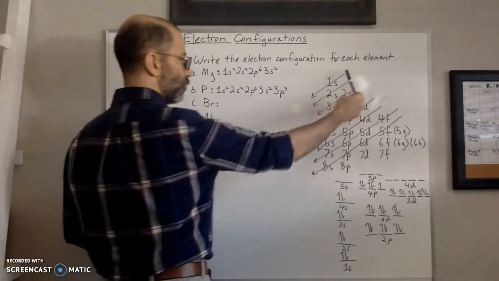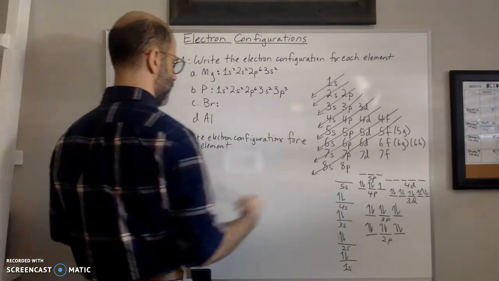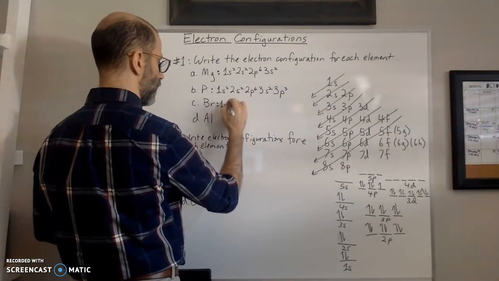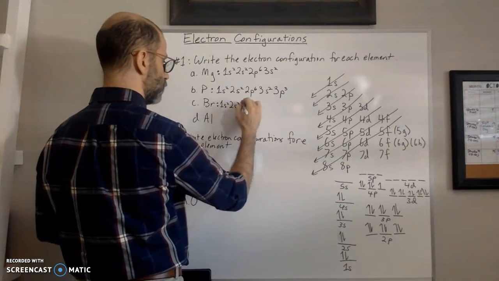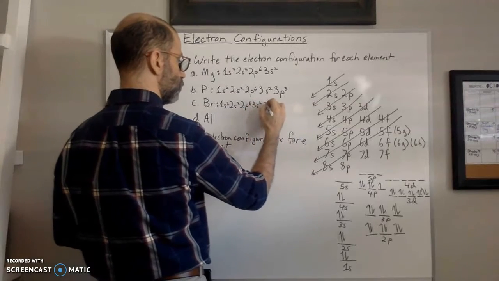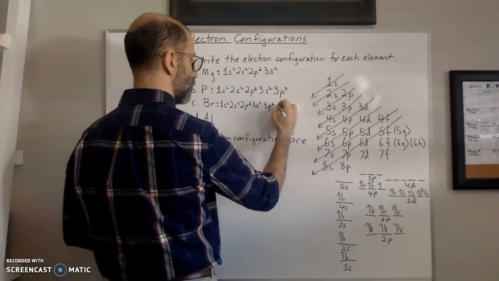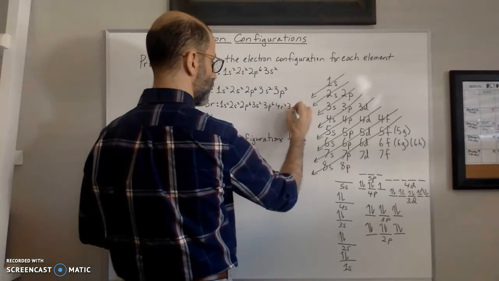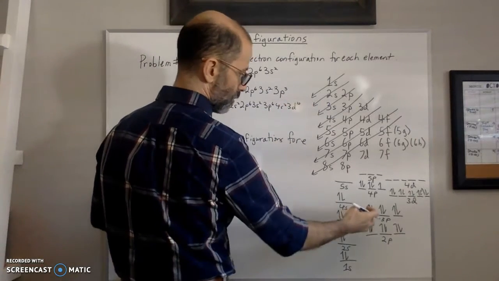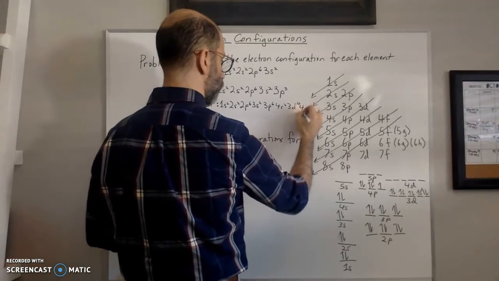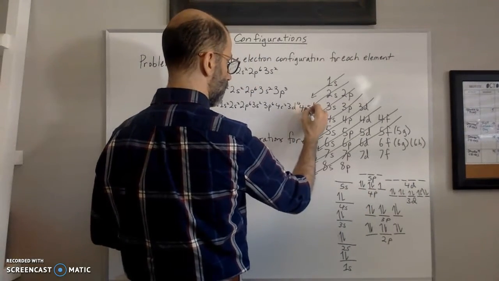I could also go through this way as well. So if I build this up, it's going to be 1s2, 2s2, 2p6, 3s2, 3p6, and then we have 4s2, 3d10, and then followed by 4p5.